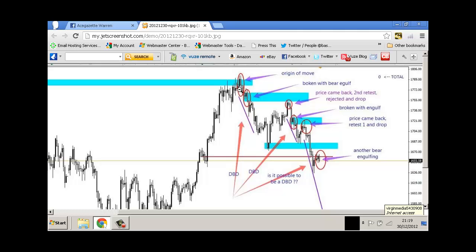So not only did we have a nice sell that we could follow all the way down, breaking through demand levels, so it hit demand, went back up to supply, found some more sellers, dropped down to the base of the drop, but also you could have bought there and taken it all the way up to there.